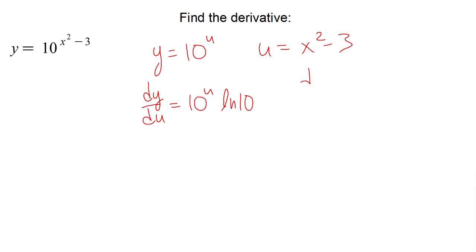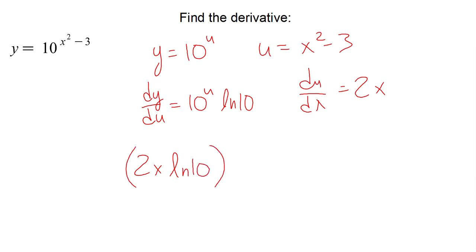And our du/dx should just be 2x. So we end up with 2x ln 10 times our original function, which was 10 to the x squared minus 3. And that should be dy/dx.